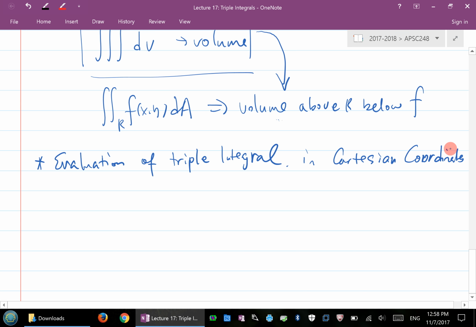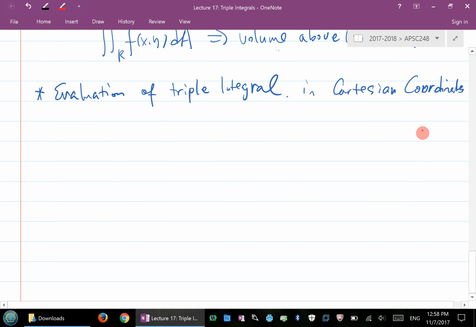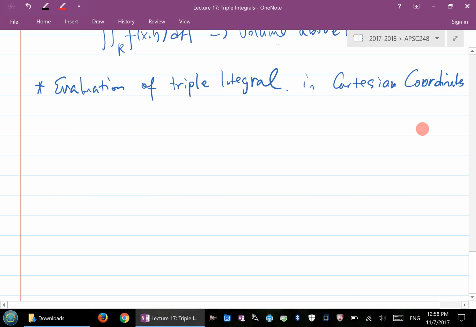So we'll look at the evaluation of the triple integral in 3 different coordinate systems. But first, let's look at the Cartesian coordinates. I'll use a general approach here to illustrate the steps for evaluating this triple integral.